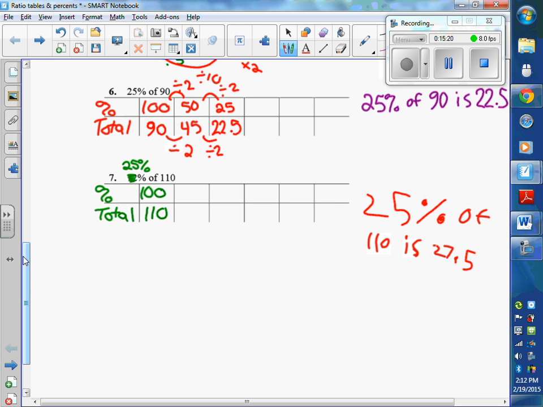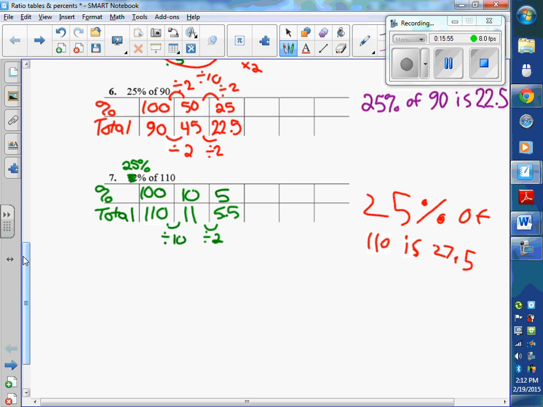What's another way to get to 25%? So the first one I did was divide by 10. So that's 11. And then I divided it by 2, which is 5.5.